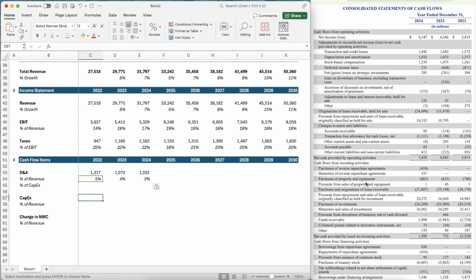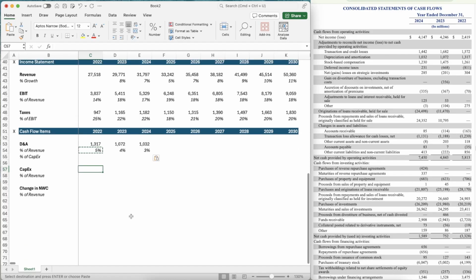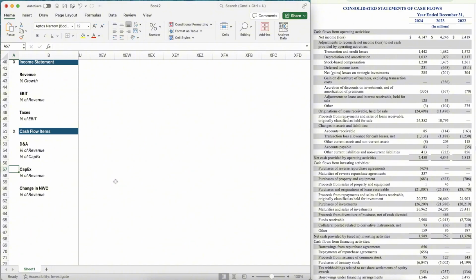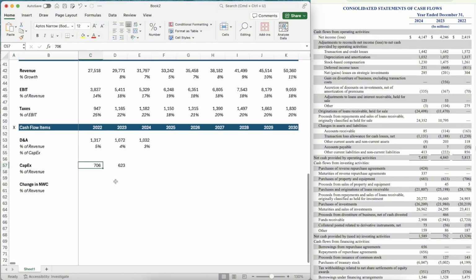Capex, this one, purchases of property and equipment, 706, 3, 683.